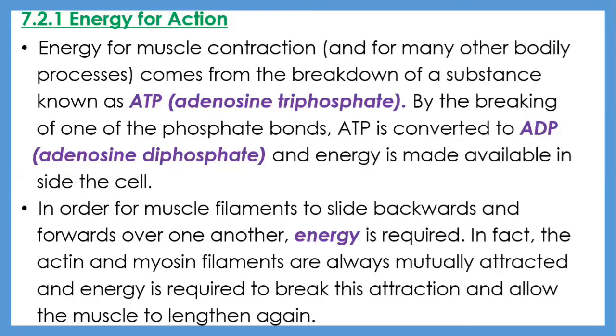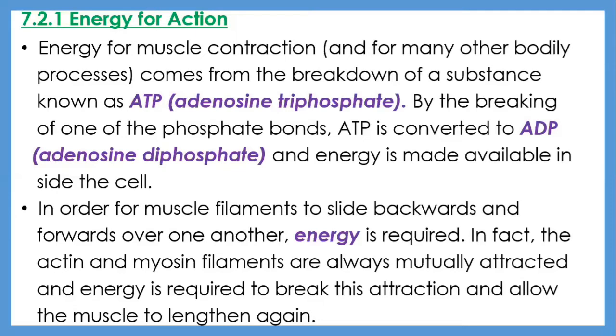Now, Astrand and Rodahl, 1977, liken ATP to a rechargeable battery pack, or a short-term store of directly available energy. And so, in order for the cell to continue functioning, the ADP must be converted back to ATP, so that the energy can continue to be made available when required.